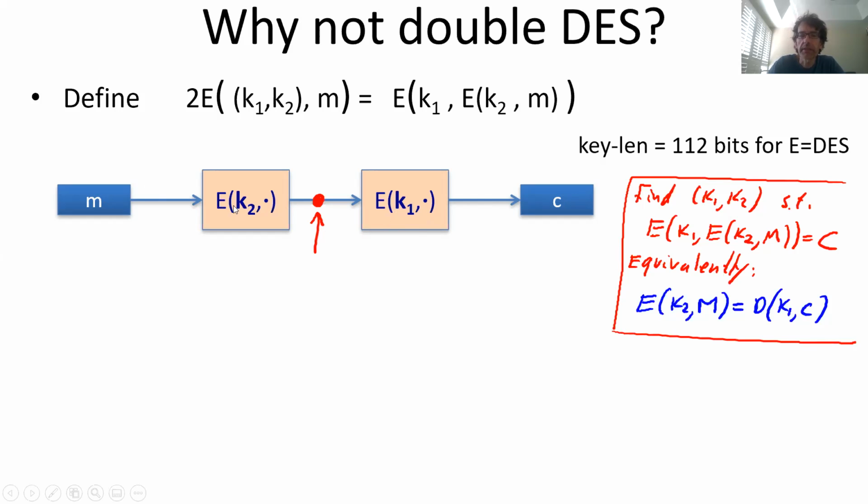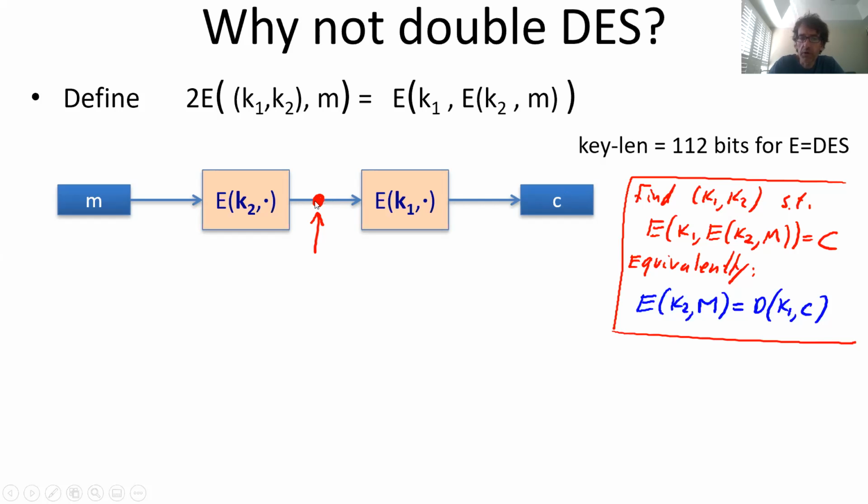Let's find K1 and K2 such that EK2 applied to M, which is this red dot, is equal to inverse of E, in other words, D, with K1 applied to C. So this equation.